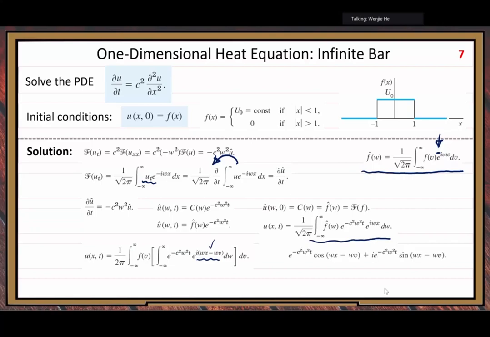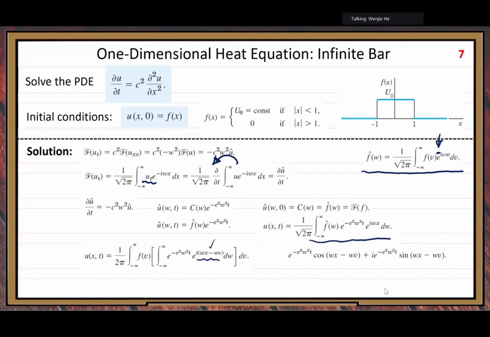So we have the real part, the cosine function, and the imaginary part, this sine function. Then we take the integral: the first term integral, and the second term integral.